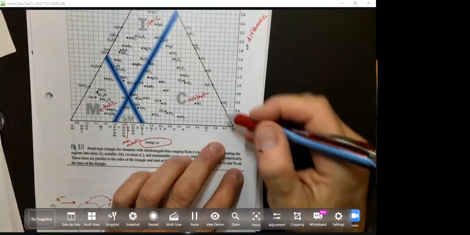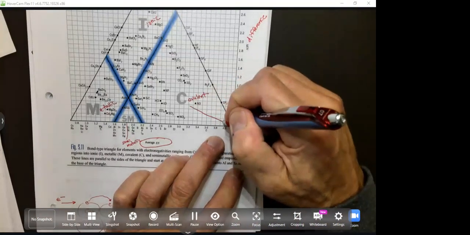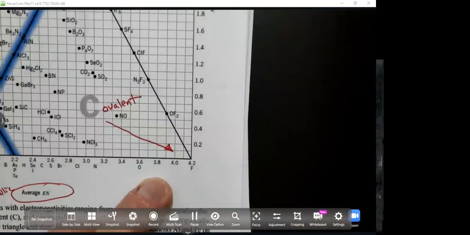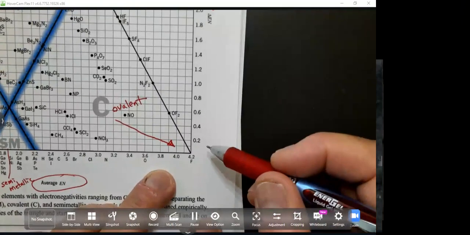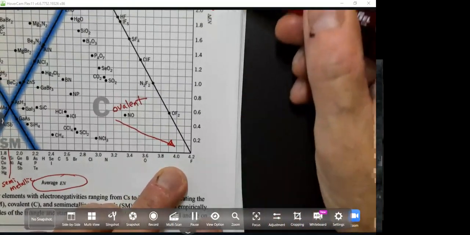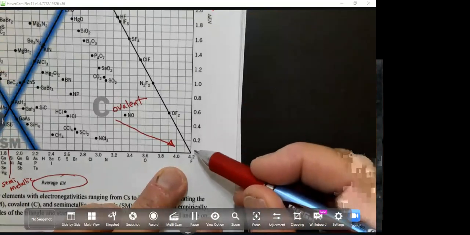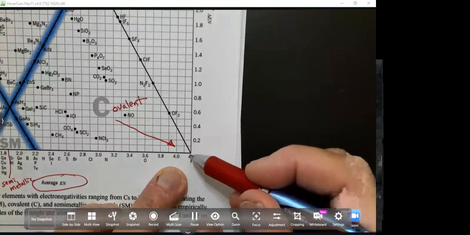Now, let's look at the pattern here. The most covalent bond is in this corner. How do you get the most covalent character? You want the electronegativity difference to be low, correct?